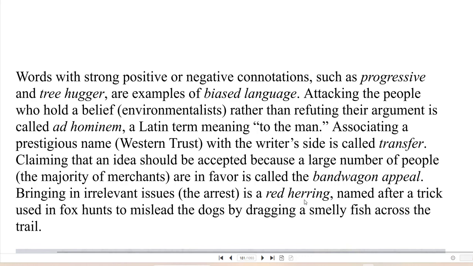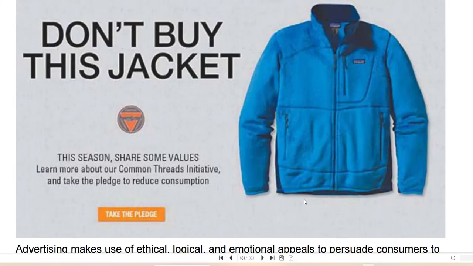Claiming that an idea should be accepted because a large number of people are in favor of it is called a bandwagon appeal fallacy. Bringing in irrelevant issues is a red herring fallacy, named after a trick used in fox hunts to mislead the dogs by dragging a smelly fish across the trail.